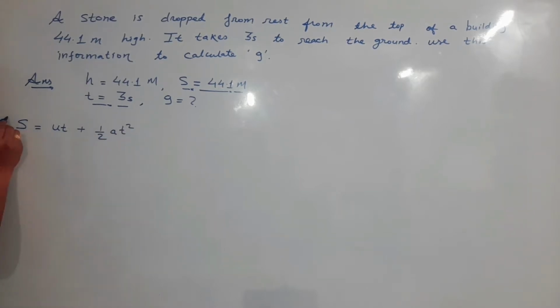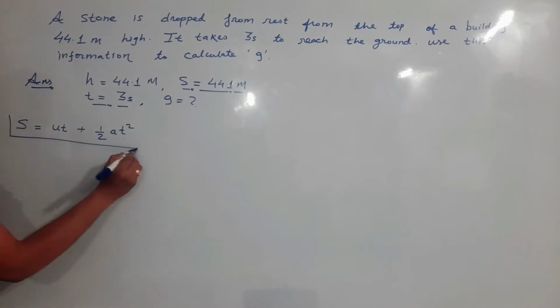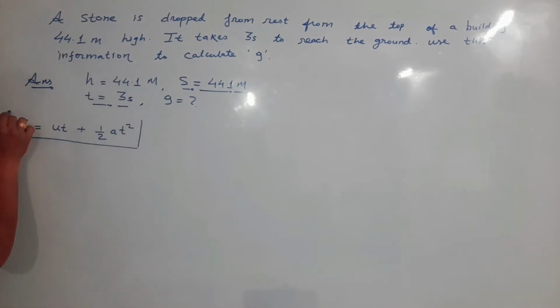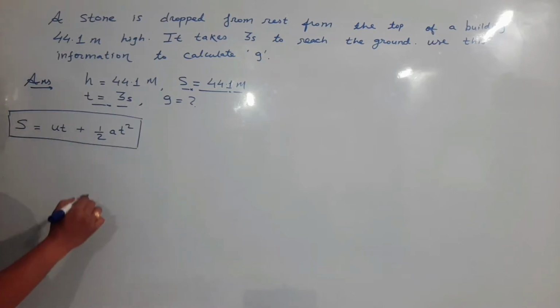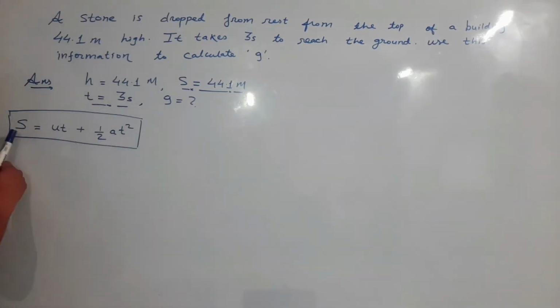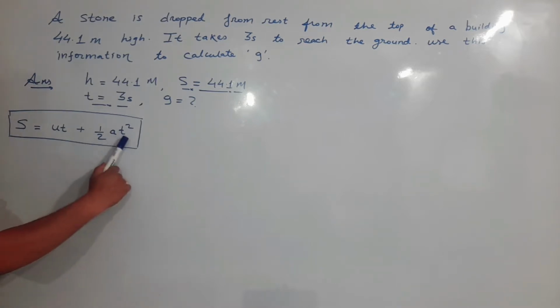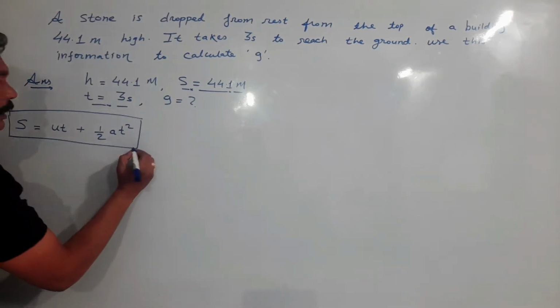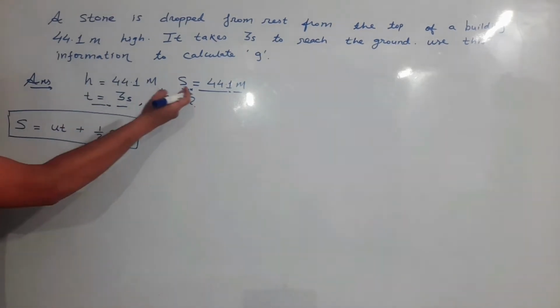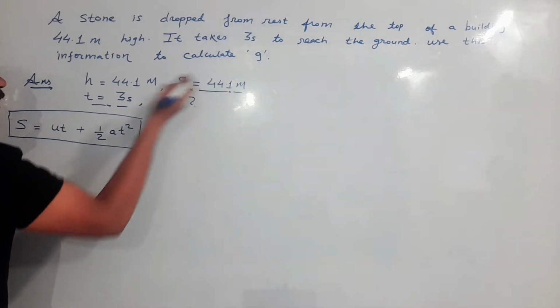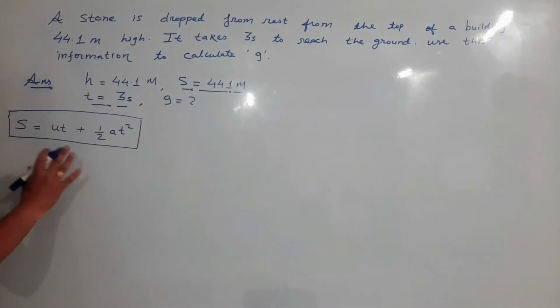My dear student, this kinematical equation gives us the relationship between the distance traveled by the body and the time taken by the body to cover the distance. And here we have information about the distance covered by the body and the time taken. So my dear student, we can make use of this kinematical equation.